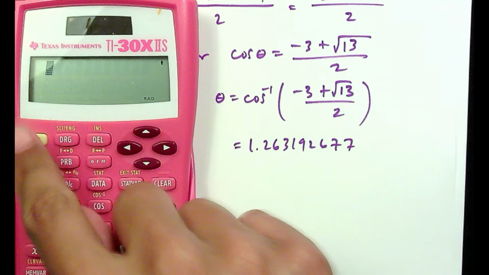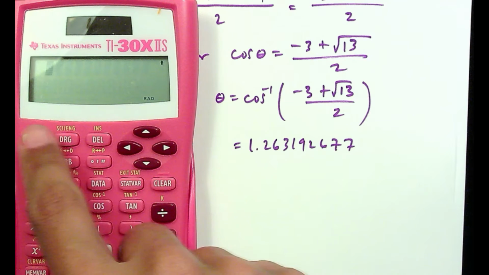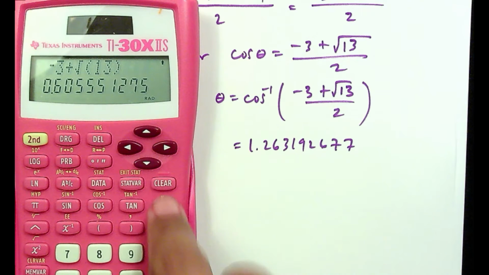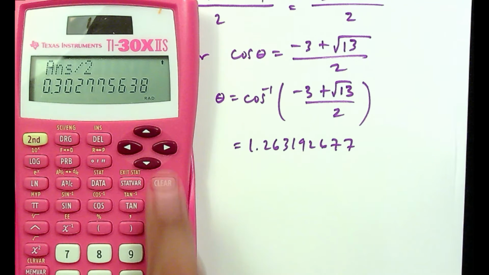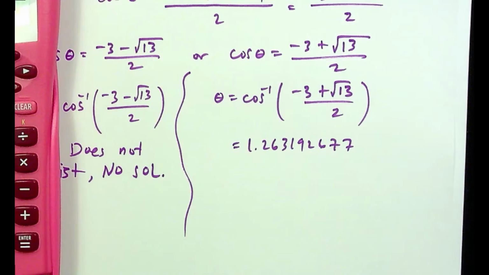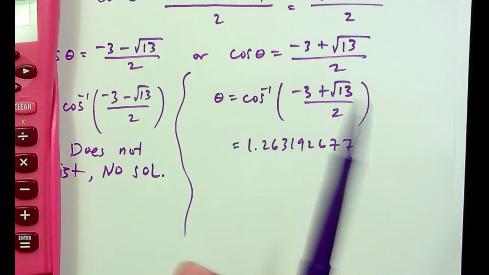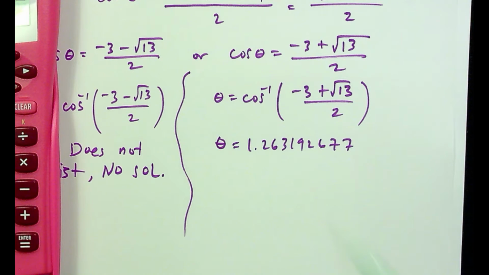This would be -3 plus square root of 13. Take that and divide it by 2. You see, that's a number between -1 and 1. So I shouldn't have gotten an error. Okay, so this is the actual answer. So that's the first answer. So that's one solution.